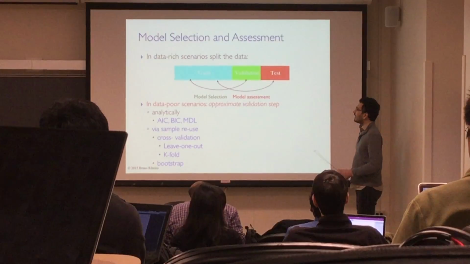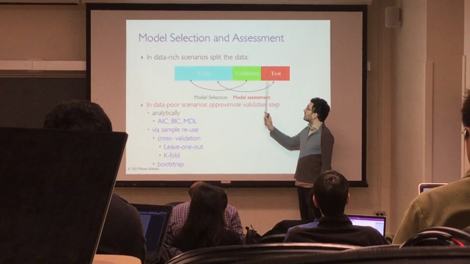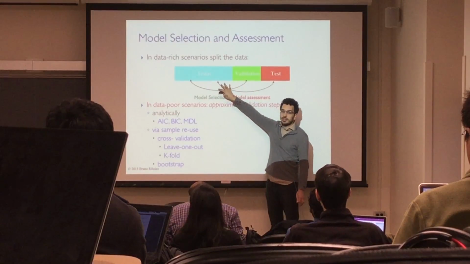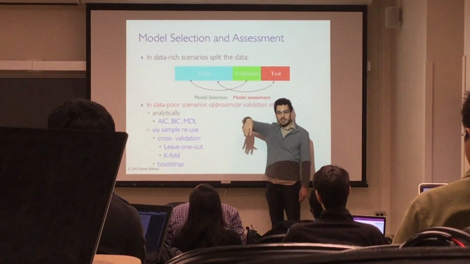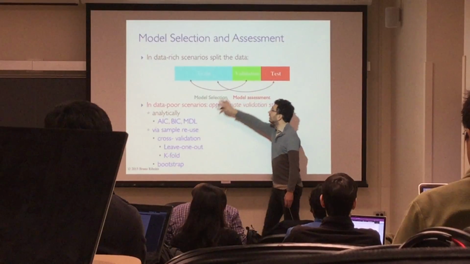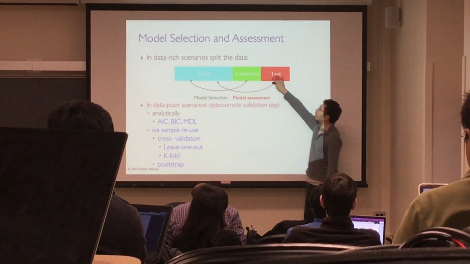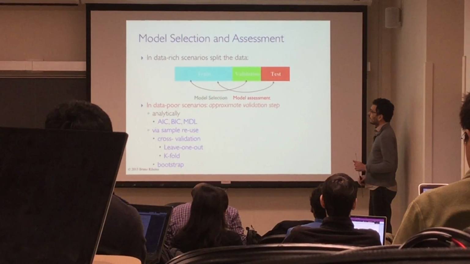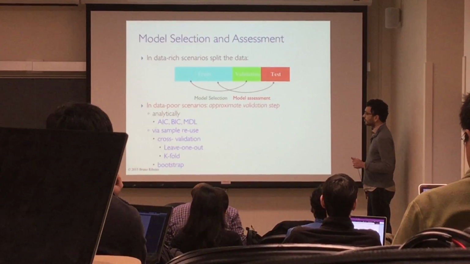And then for the assessment, this test set should never be used to select models. Okay? Once you have your final model, or the two or three final models, you go to the test, and you do that only once to assess whether your model is good.